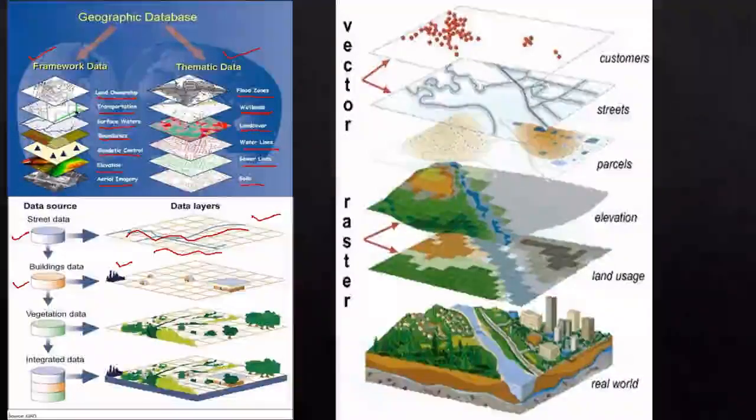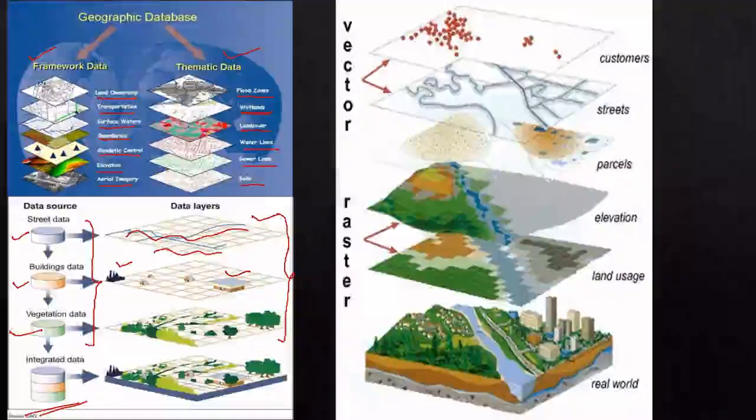You can see the building here. Right? Now the vegetation data. You are feeding the vegetation data into your location or your area. Then see the combination of all these three layers is shown as integrated data. You can see here it's a combination of the street data, building data and vegetation data.